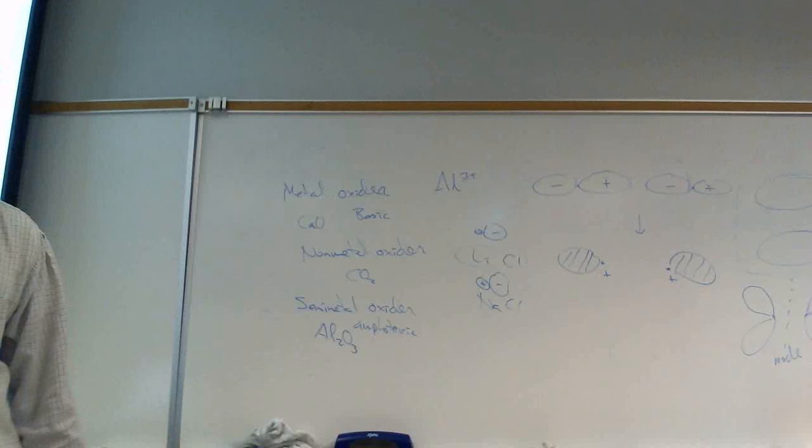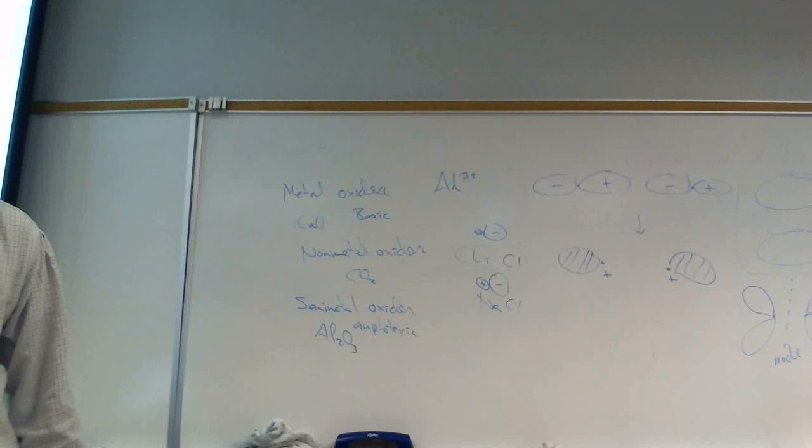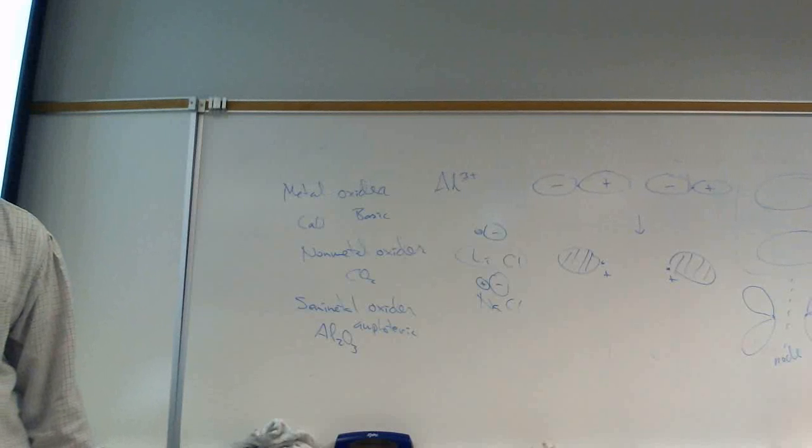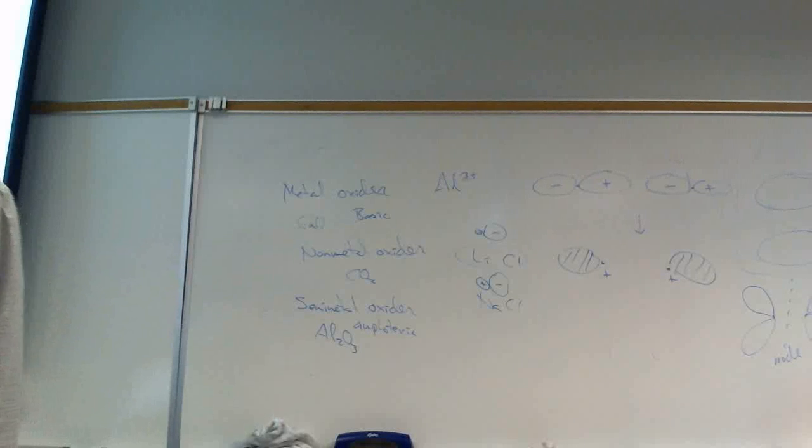We talked about metathesis reactions, redox reactions, Bronsted acid-base reactions. So on the final, you could expect metathesis, redox, and acid-base. I thought I mentioned it before the exam too.